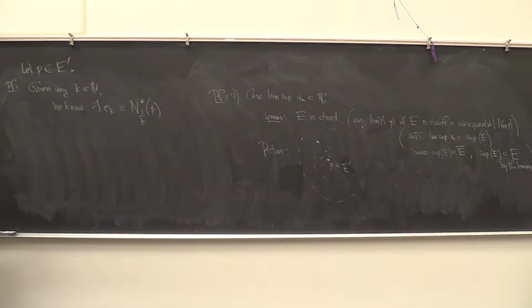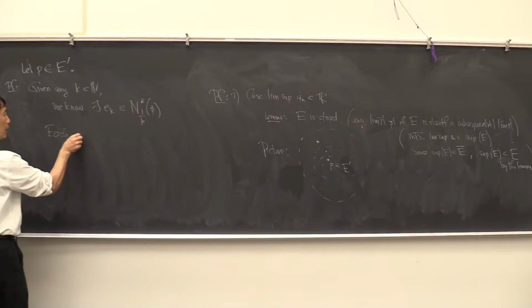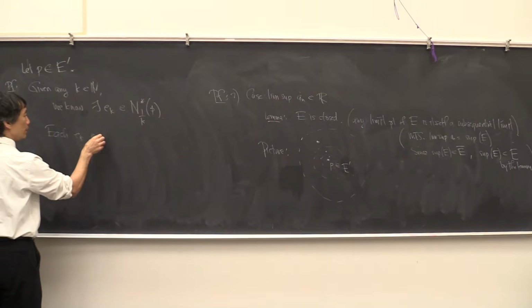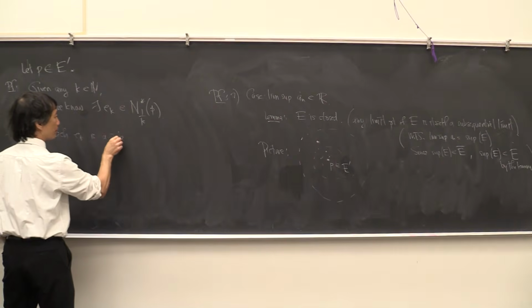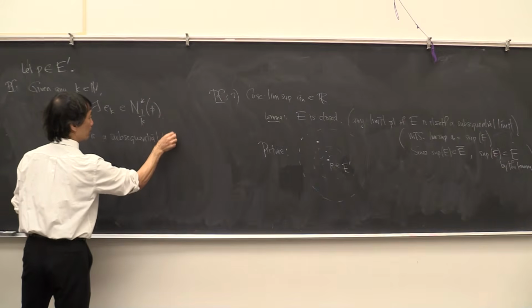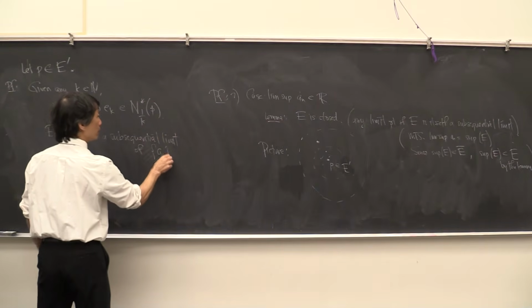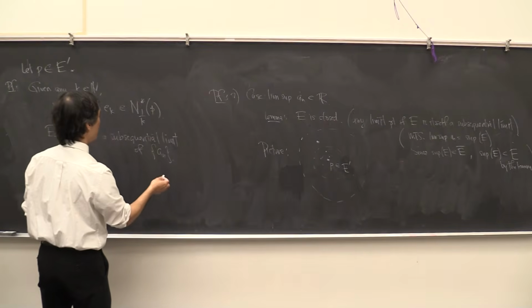Okay, so now each of the e sub k is a subsequential limit of the a sub n's.